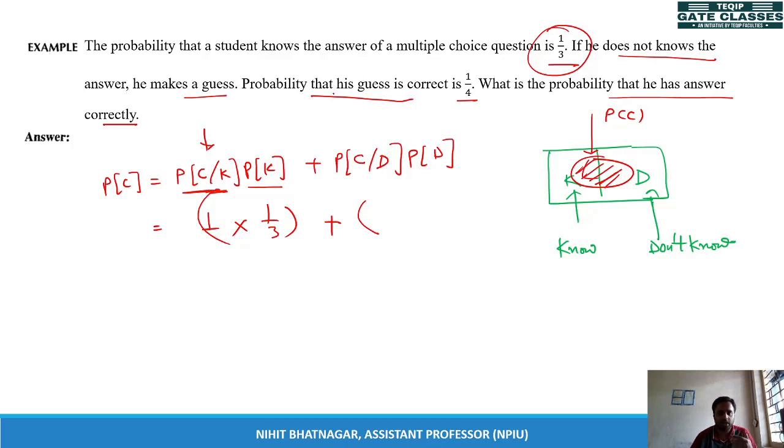He will guess, and the guess will be correct with probability 1 by 4, multiplied by the probability that he does not know the answer.